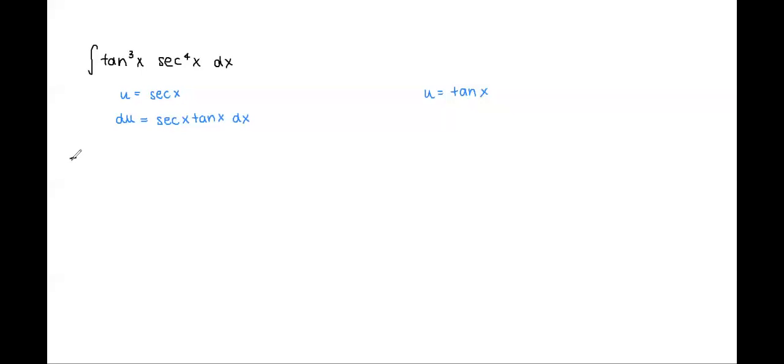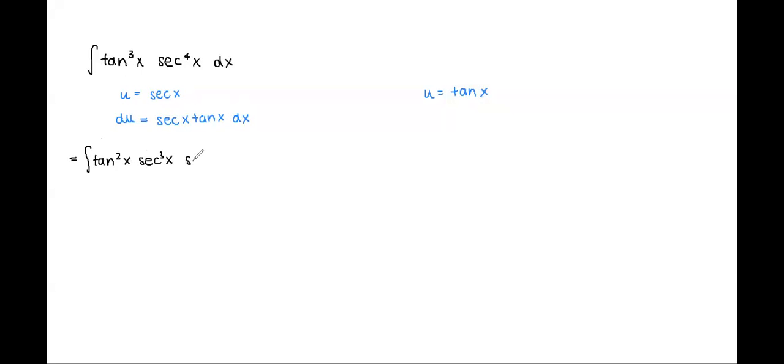So if I rewrite this integral, I have tangent to the power of 3 over here, but I'm going to use one of them for the dx. That means I'm just left with tangent squared of x. And then I'll have secant to the power of 3 of x, because I'm also going to take one of them for the dx.